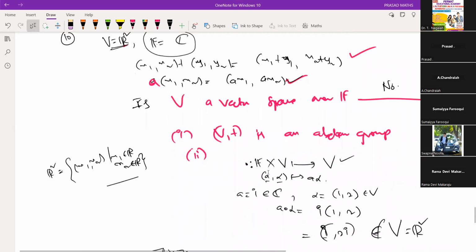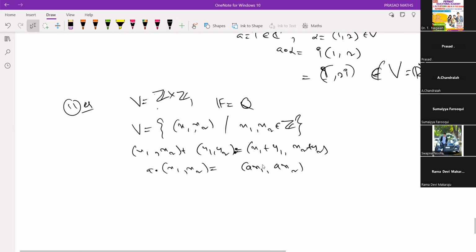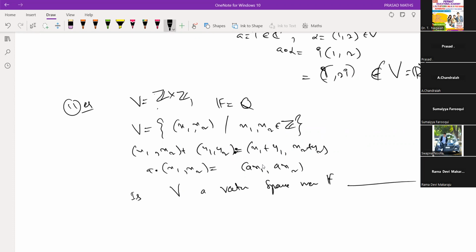Same argument: is it a vector space? No. Which property fails? The second property. There is no problem with the first one because Z is an integral domain. It is an abelian group, so V with respect to addition is an abelian group. There is no problem with this.